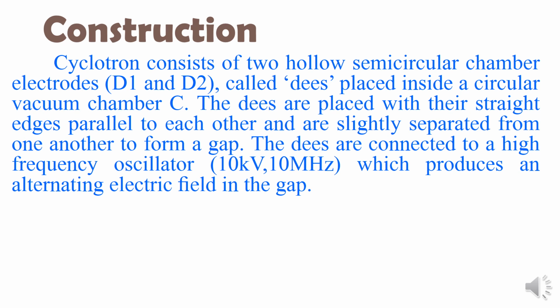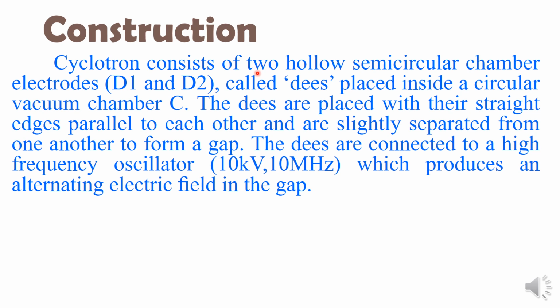Let us look at the construction of a cyclotron. Cyclotron consists of only two electrodes. Look at the shape of the electrodes.